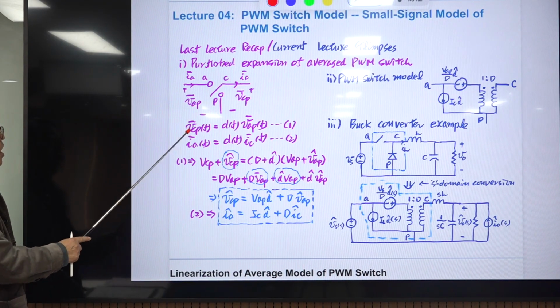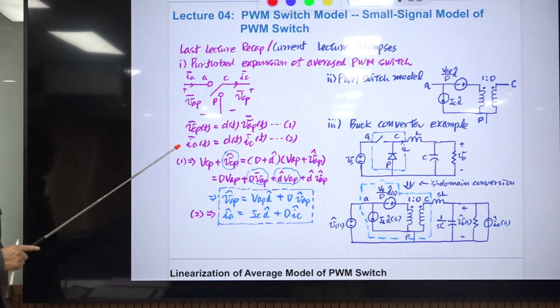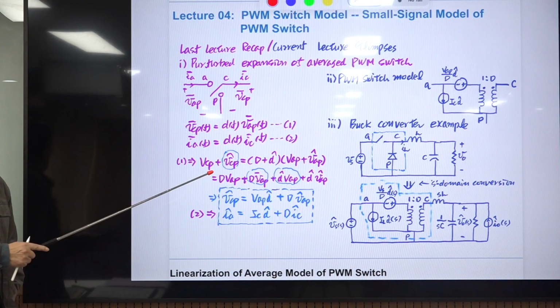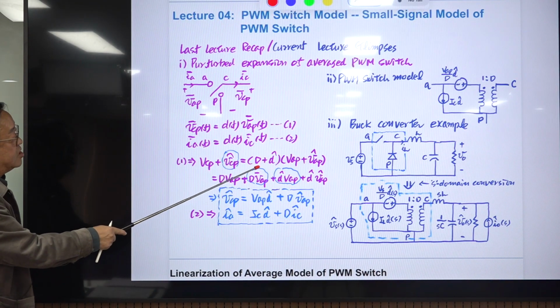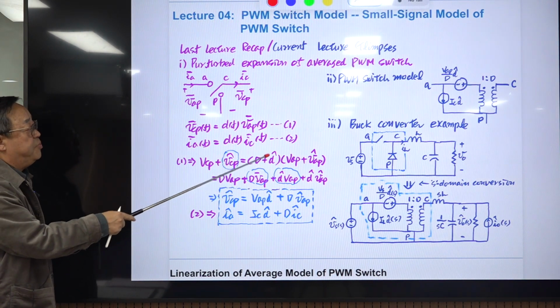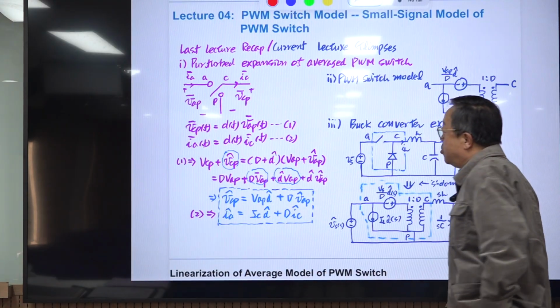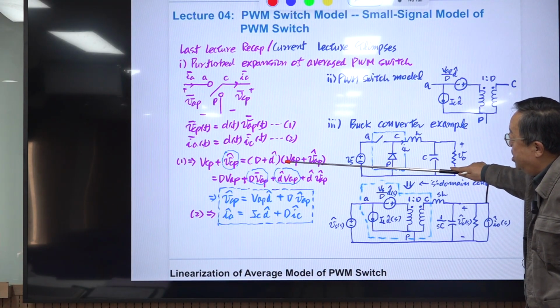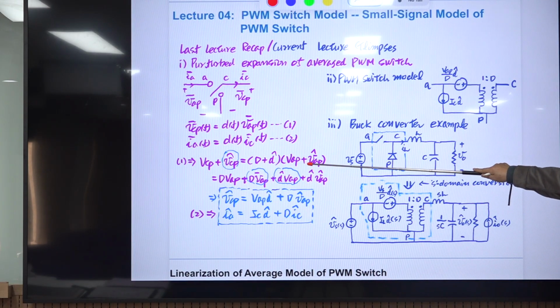VCP consists of this DC component, a fixed value, and the small signal AC component. And the duty ratio is the steady state duty ratio D plus some AC perturbation, a sinusoidal perturbation in duty ratio, and VAP is also a combination of a DC component and a perturbed component.